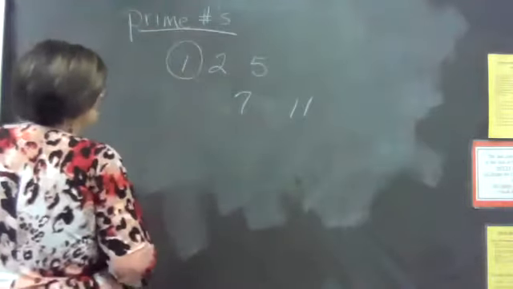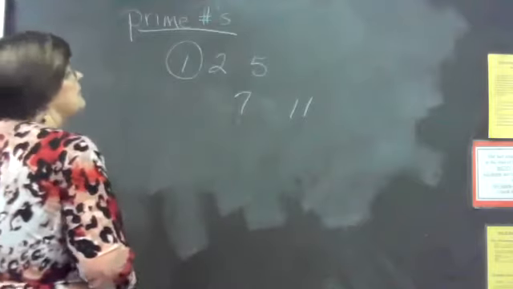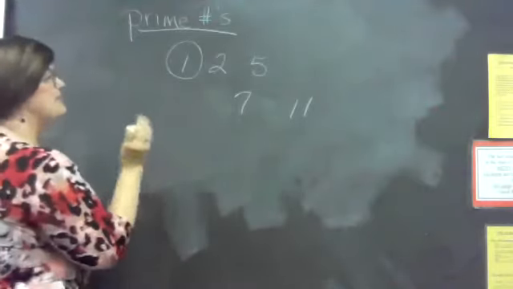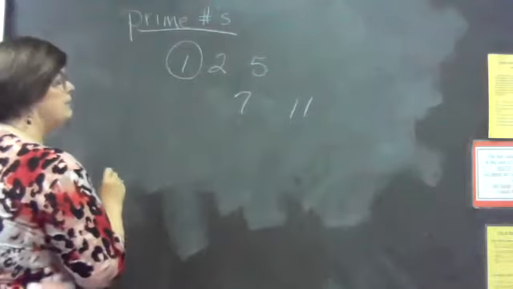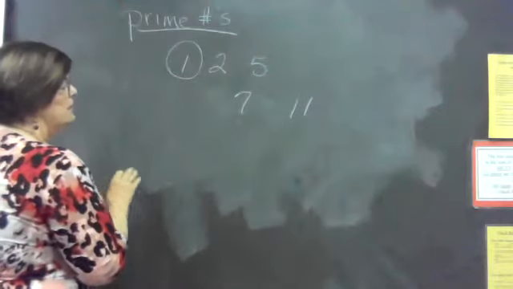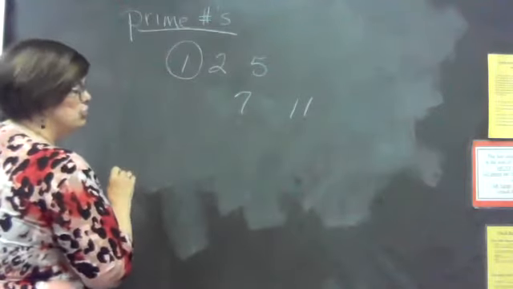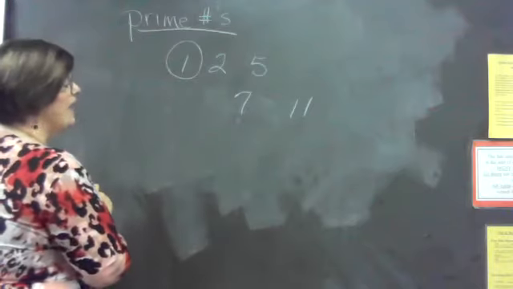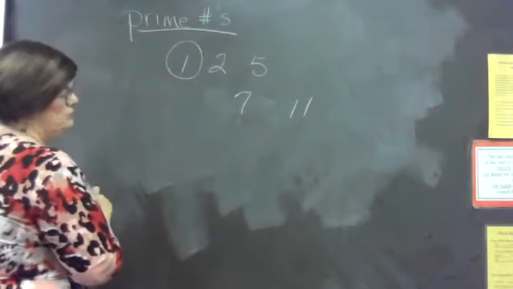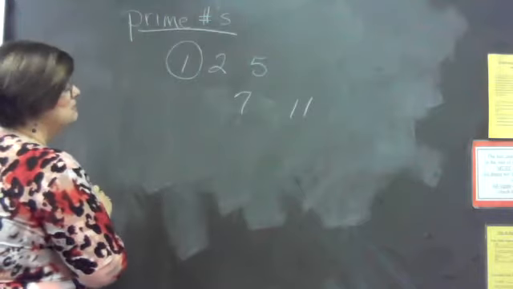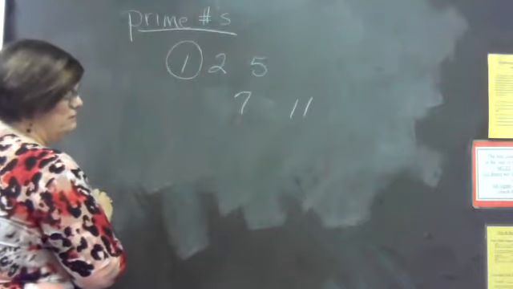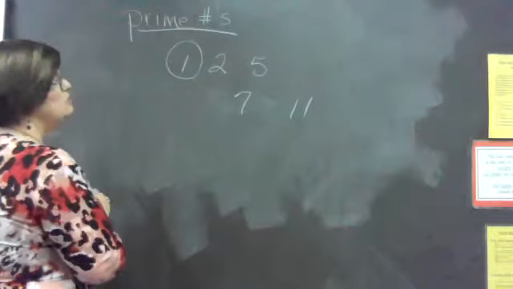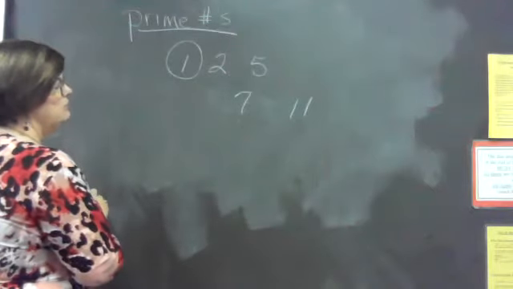I was incorrect, because the exact definition of a prime number says any positive integer that has exactly 2 factors. Any integer that's positive and has exactly 2 factors.